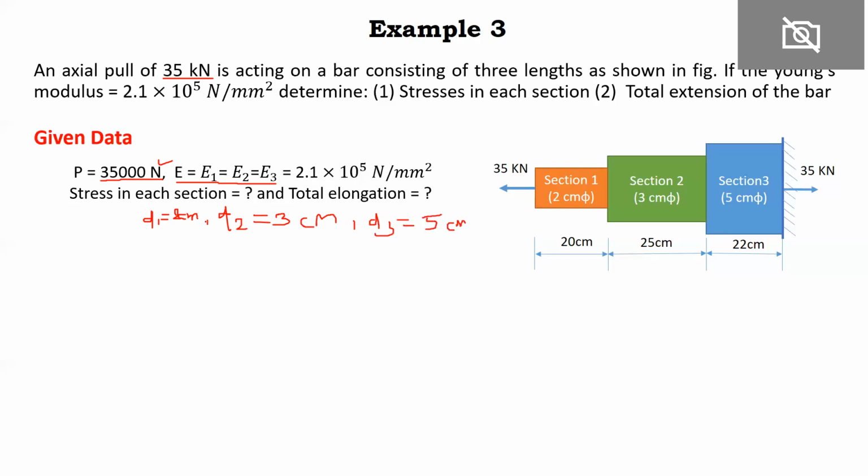First you write the given data, D1, and L1, L2, L3 is given. L1 is equal to 20 centimeter, L2 is equal to 25 centimeter, L3 is equal to 20 centimeter. I think I have written this. No, it is not written. So I will write it here using some other color.